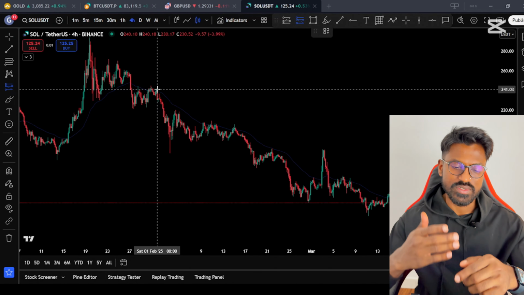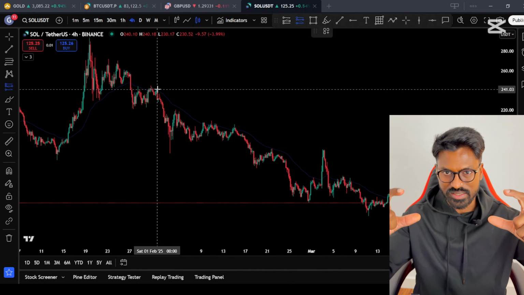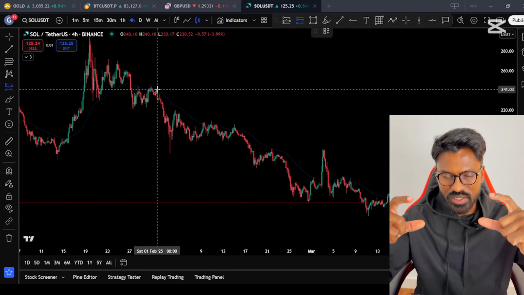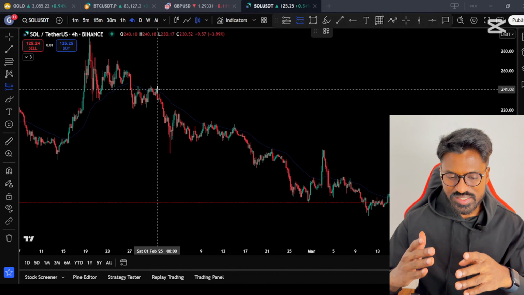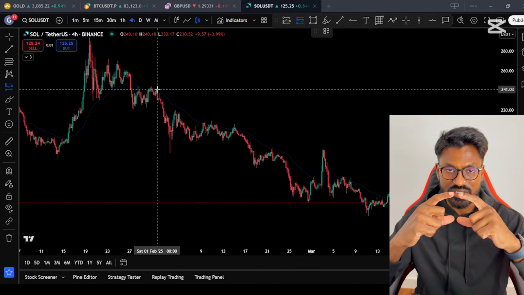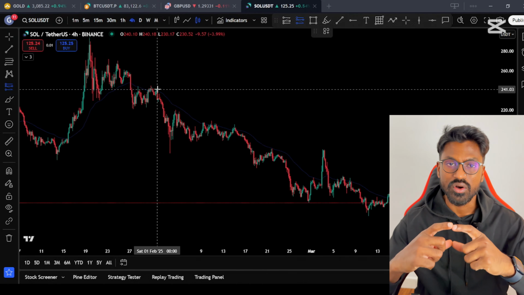Why I say resistance is because price is below that line. Whatever range is keeping price below, that is what we call resistance. Vice versa, if price is above a certain zone and that zone is there to keep price above it, that is what we call support.